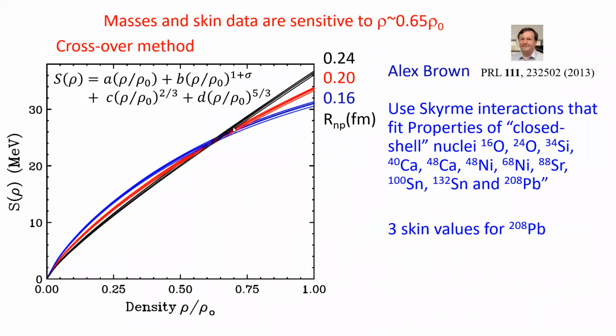So the crossover method, I'll just do it very quickly. Alex Brown first used the Sturm interaction that fit all the properties of this. From these properties, then if he has a Sturm, he can extract his A, B, C, and D. Then he plots them.